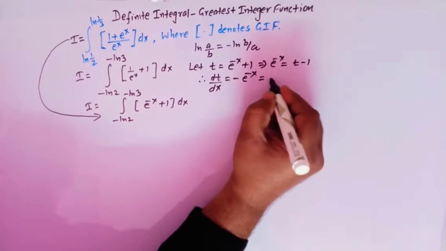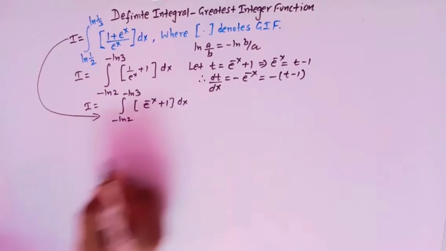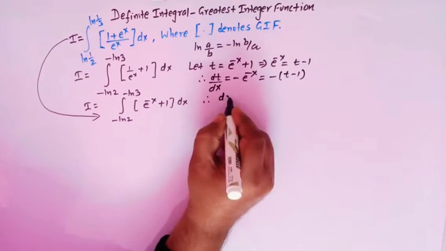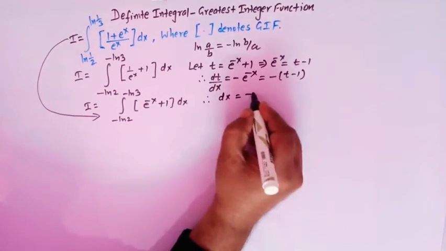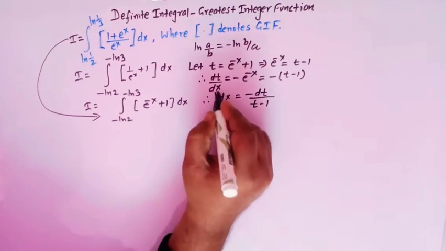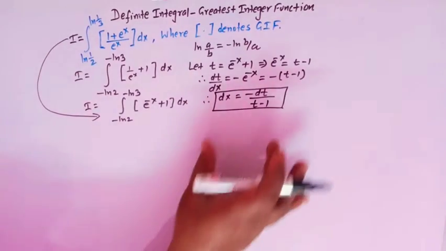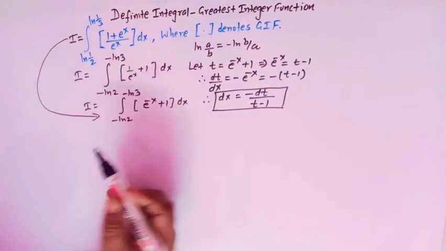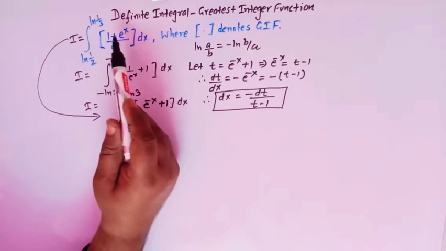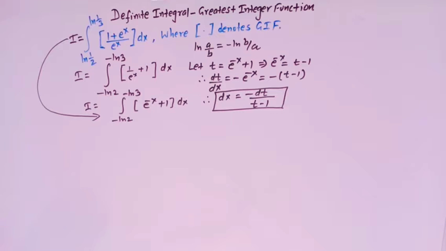So here we have minus (t minus 1). Therefore dx is equal to minus dt over (t minus 1). Now we have this relation, and since we are changing the variable x to t, let us change the limits accordingly.